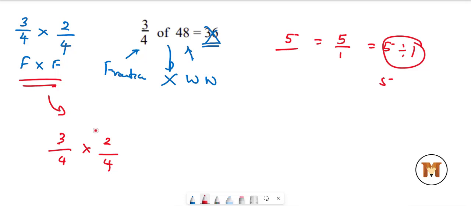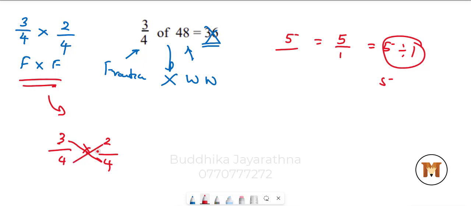The same way that you multiplied before, if you can use the cancelling method to simplify, use that. If you are using the cancelling method, it has to be between numerator and denominator, which means I need to check whether I can cancel in this way and the other way.